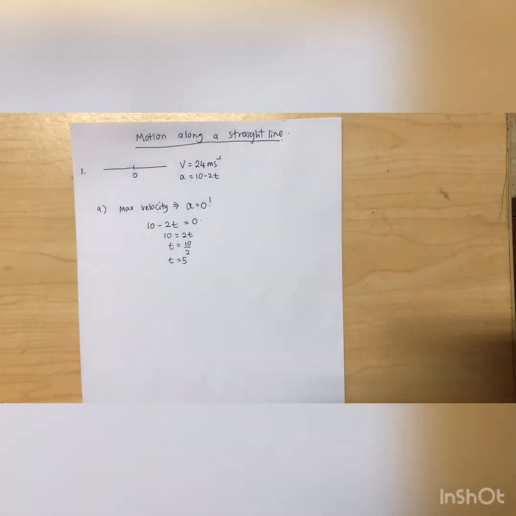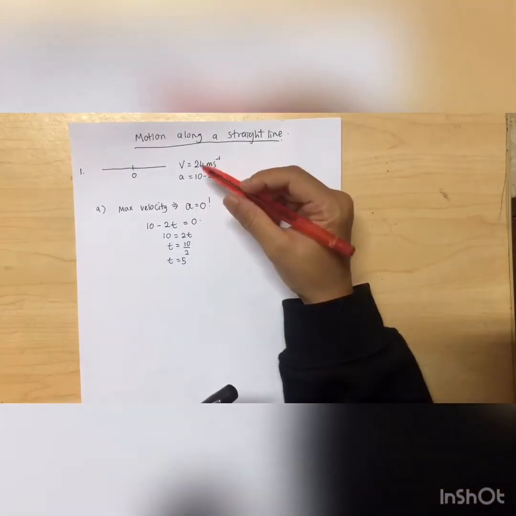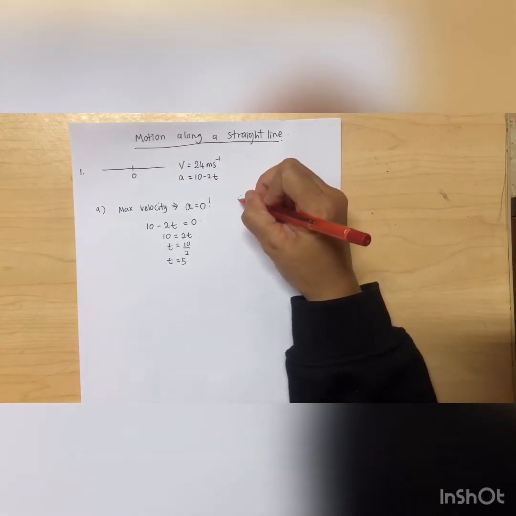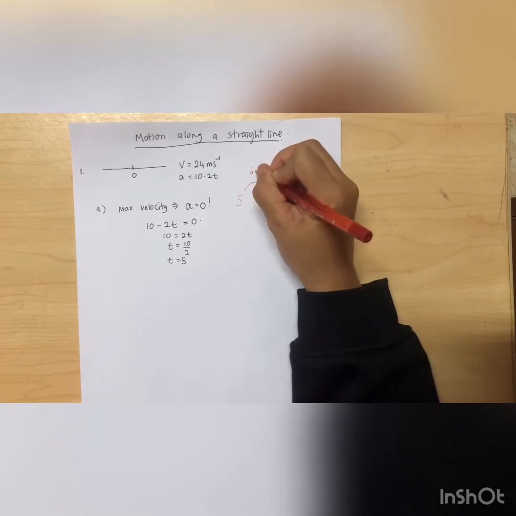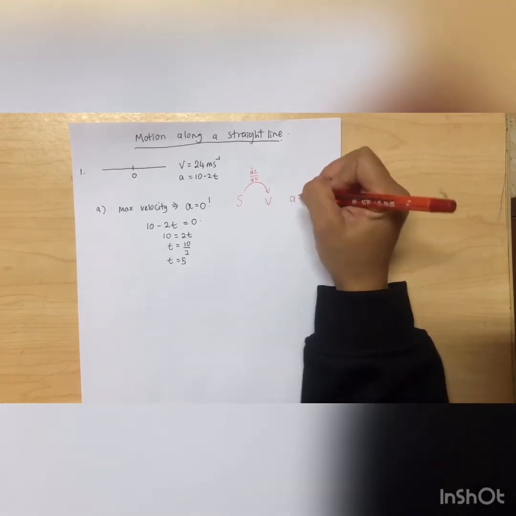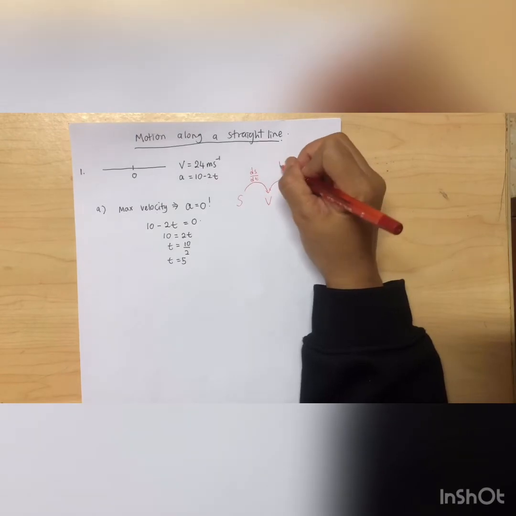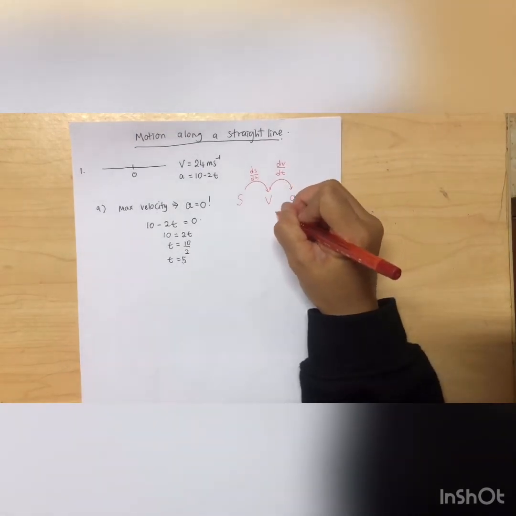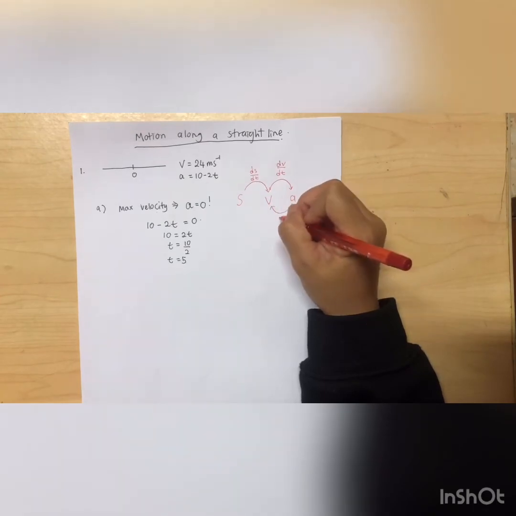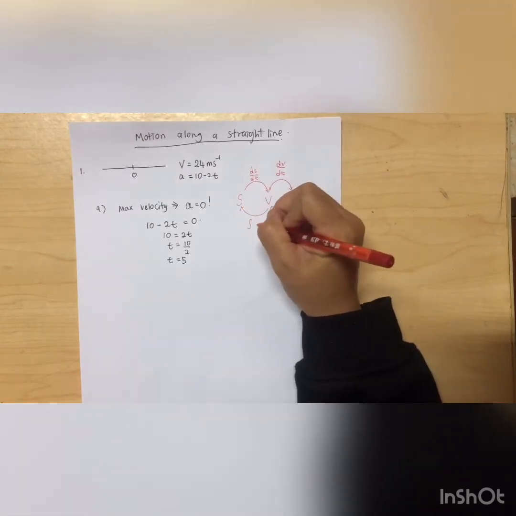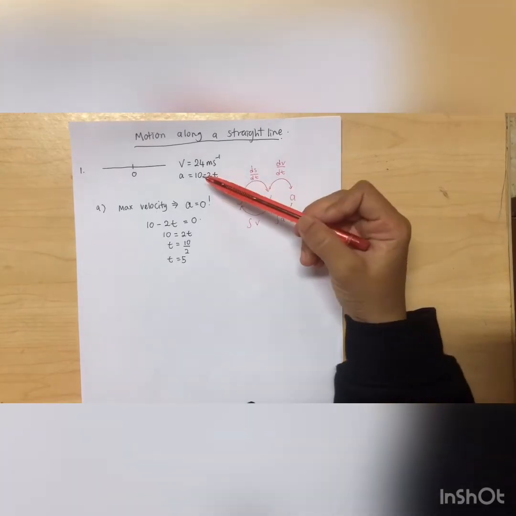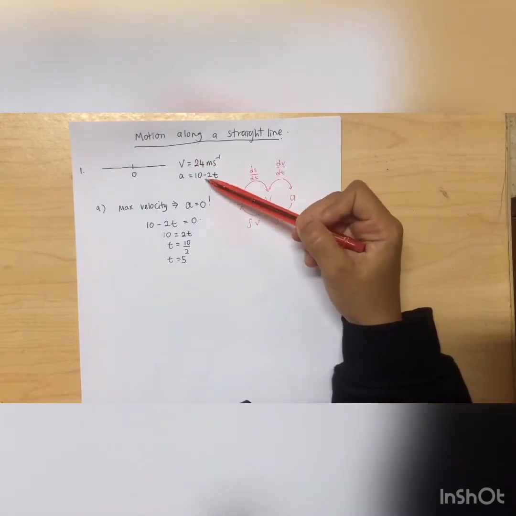There's a powerful note on finding s, v and a. If you want to find v from s, you differentiate ds/dt. If you want to find a, you differentiate v. But if you want to find v from a, you have to integrate a, and the same goes for s, you integrate v. In this case, we don't have v, we only have a.